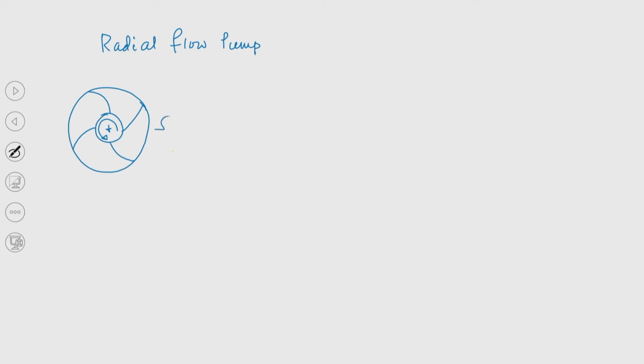So, I am talking about a radial flow pump, and if we try to draw an impeller of a radial flow pump, say this is rotating in this direction with an angular velocity omega.